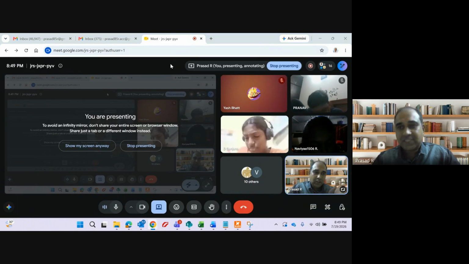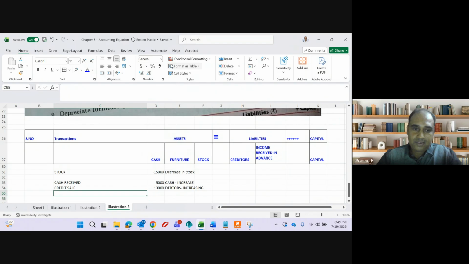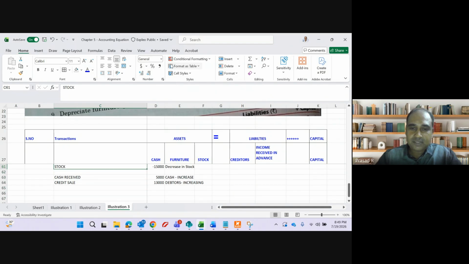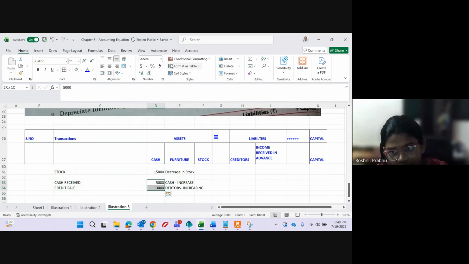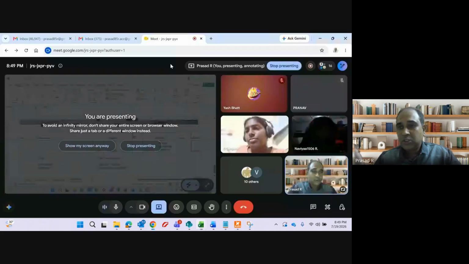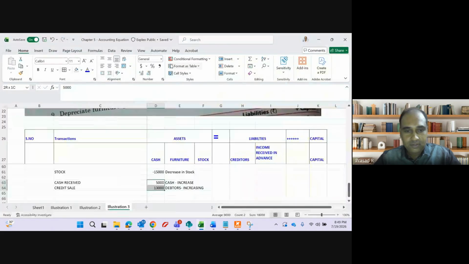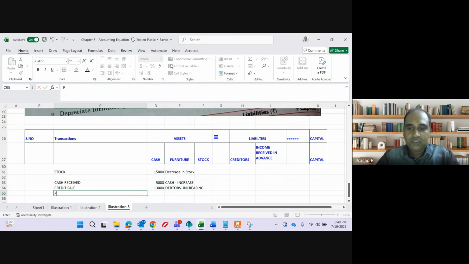Now 18,000 of sale, 15,000 of stock is going out. Am I making a profit or loss? I am selling for 18,000 goods which are worth rupees 15,000. So profit is 3,000.